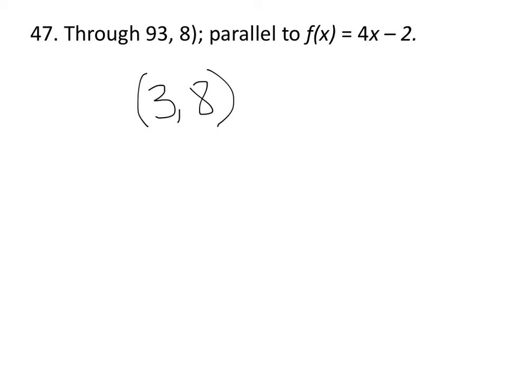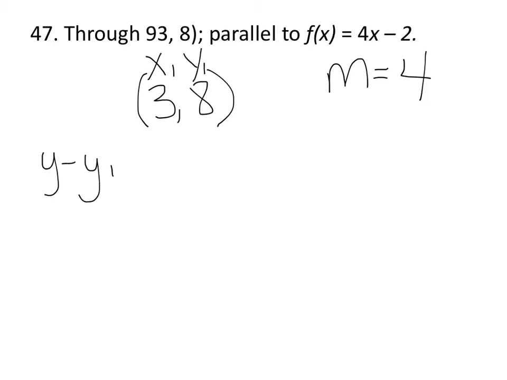So what do we know about parallel lines? They have the same slope. This is just their way of giving me the slope. The slope of this line is 4, and a parallel line would have the same slope. So they gave me a point and a slope. Label x1, y1, and plug in: y minus y1 equals m times x minus x1.